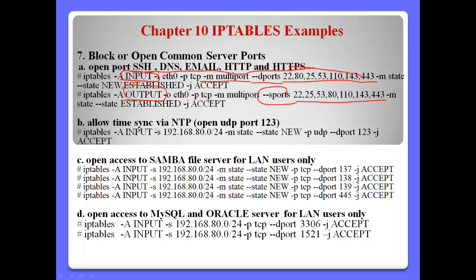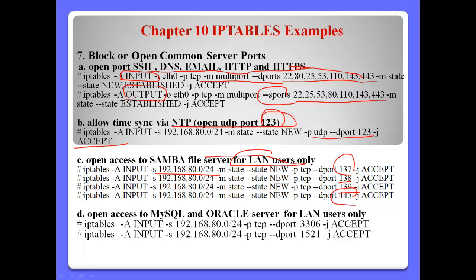B, allow time synchronization using NTP. Normally, NTP, the Network Time Protocol, uses port number 123. So in this case, we have to write UDP destination port 123 must be accepted. Number C, open access to the Samba file server for LAN users. In my case, I'm using 192.168.0 as the source, and the destination ports will be 137, 138, 139, and 445.